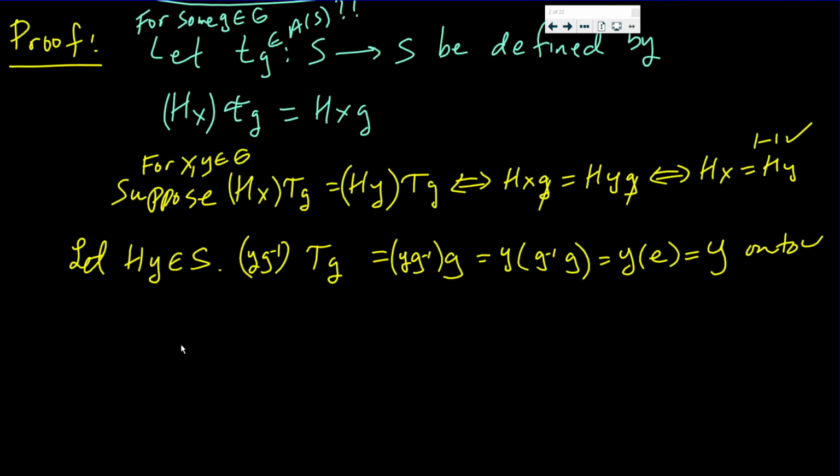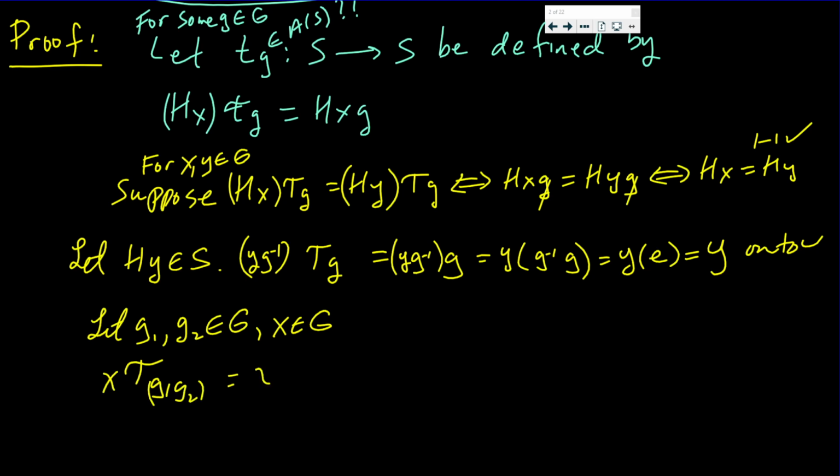Okay, now let g1, g2 be in G, and x is also in G. Hx acted on by tau g1g2. This is just Hxg1g2. Well, let me not jump to it. It's Hx times g1g2.